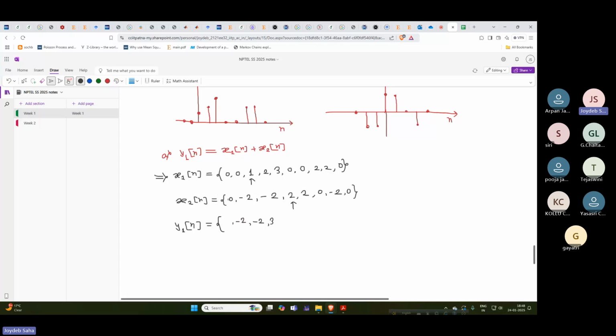There is nothing here, but here it is 0, right? So index wise we will add.